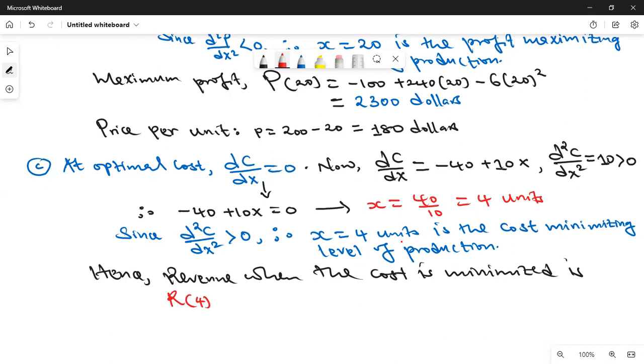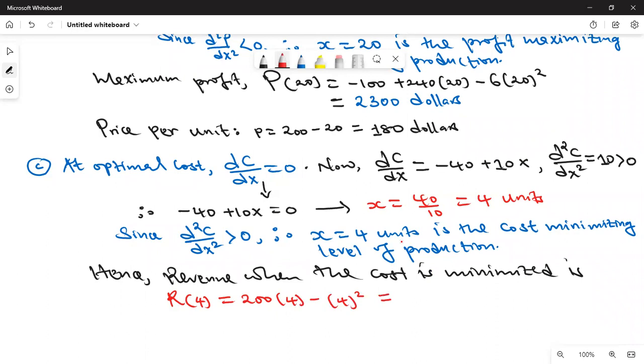Look at our revenue function. We got 200x minus x squared. So that is 200 times 4 minus 4 squared.